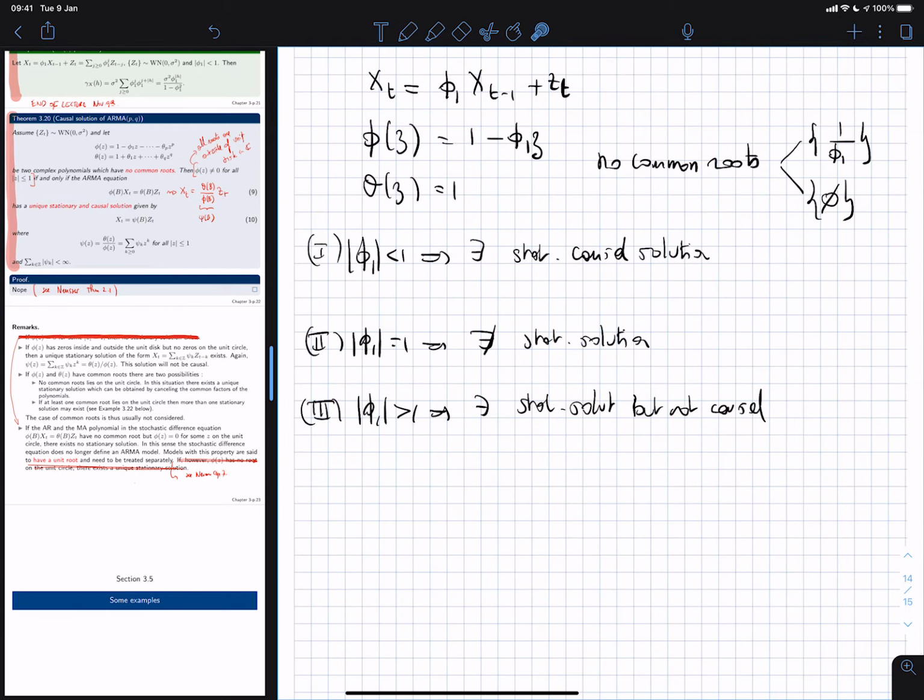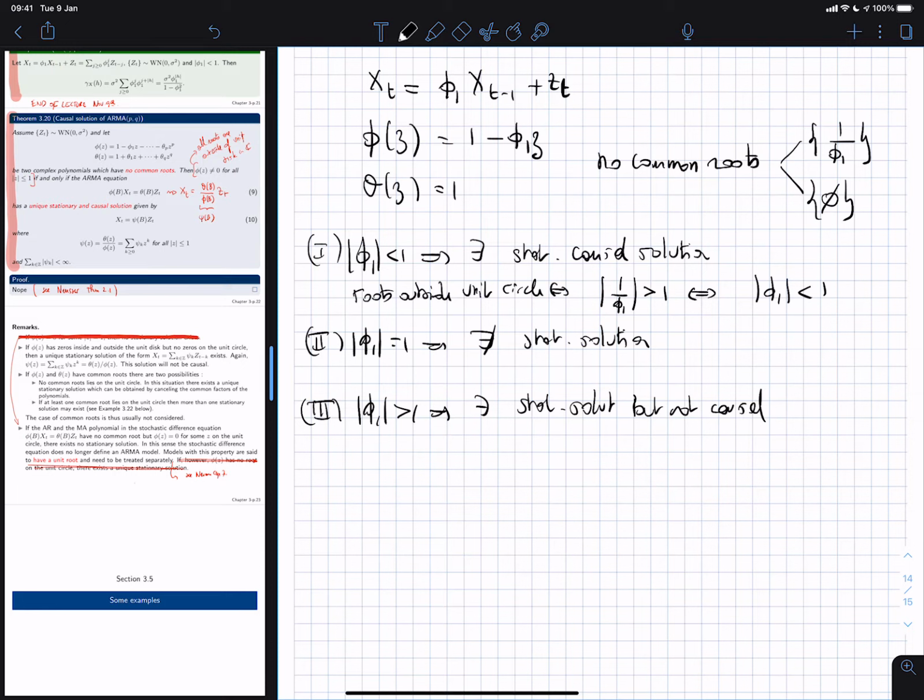If we look at the theorem, we need that the roots of this be outside the unit circle. That means that we need the roots to be larger than 1, which is equivalent to phi1 less than 1.